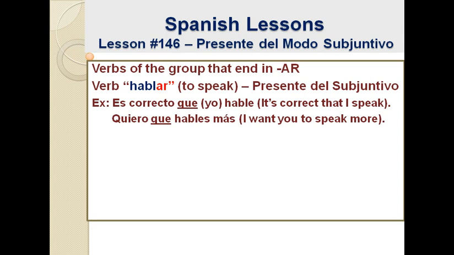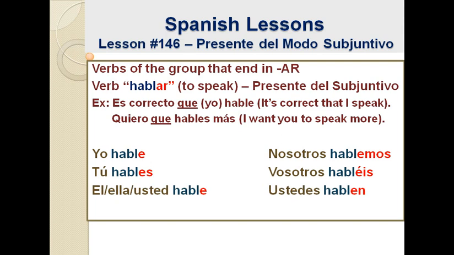In Spanish, we use the word que, okay? That means that. So you can see here how we use the word que in these sentences in presente del modo subjuntivo, okay? In the first sentence, the verb is hable because the subject pronoun is I, yo. In the second sentence, it's hables. Why? Because the subject is you, tú, okay?